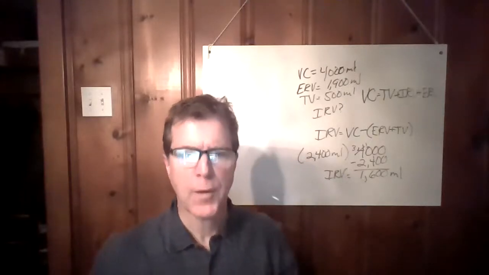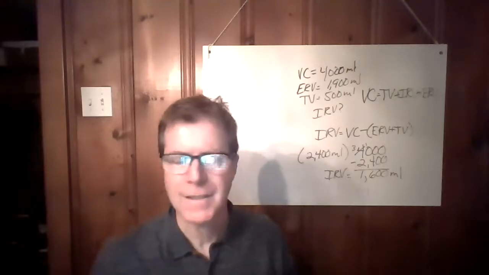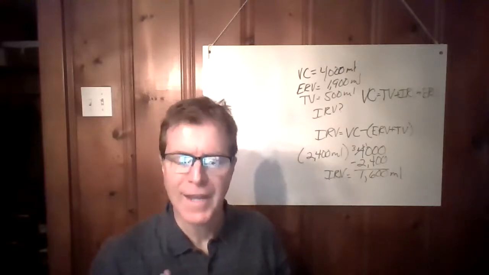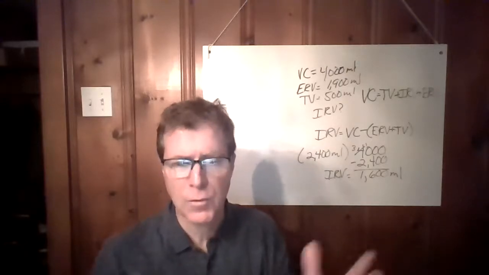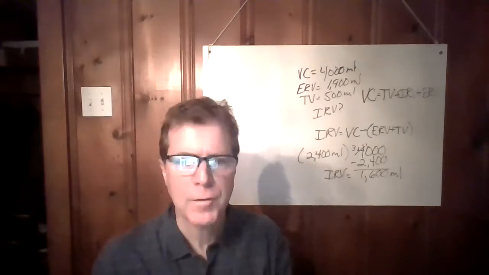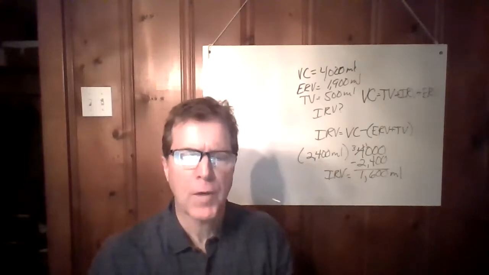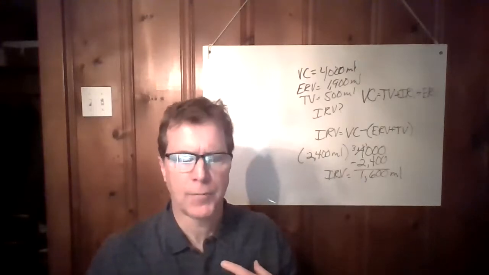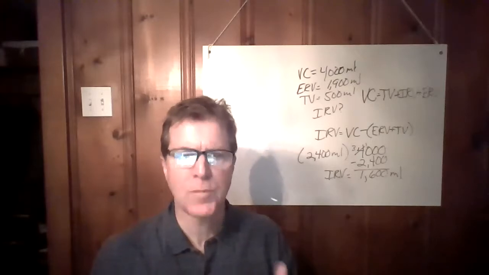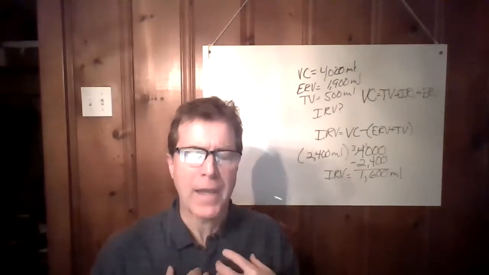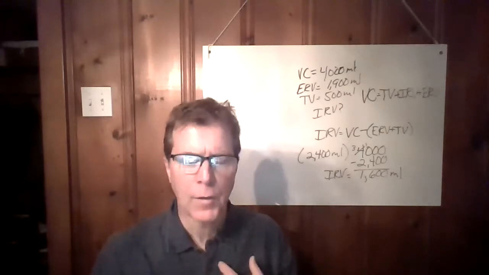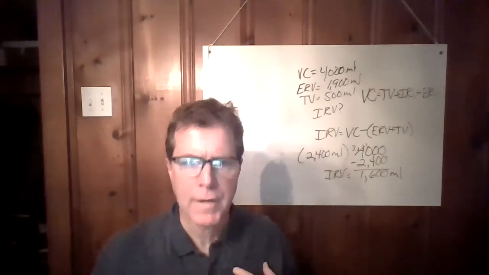What's external respiration? It was defined at the beginning of this segment, not this particular lecture, at the beginning of the respiratory system chapter. External respiration is what's going on in the lungs. The exchange of gases between the air in the alveoli with the blood in the pulmonary capillaries.